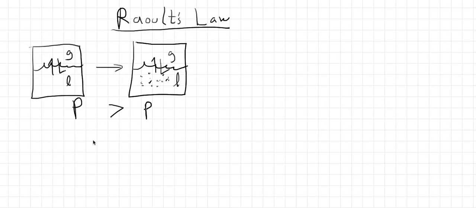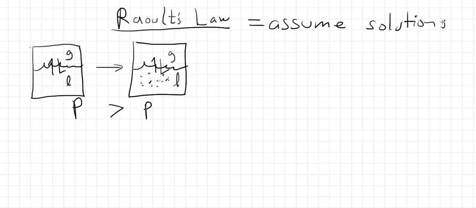Okay, so we have to somehow figure out how much less, how much the vapor pressure is lowered by putting that solute into the liquid. And Raoult's Law does this by assuming that the solution is ideal. Actually, we have to make two assumptions.